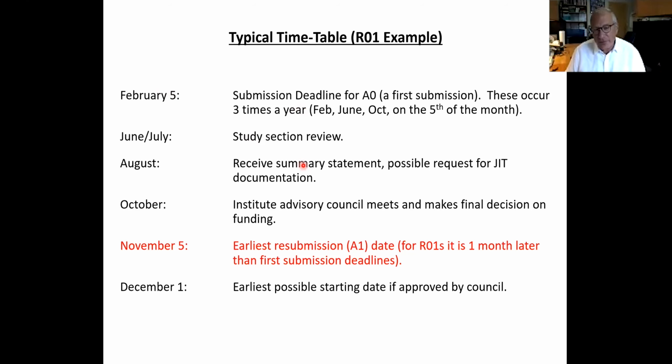you would receive the summary statements. Maybe you get a request for just-in-time (JIT) documentation, which would be great, because if you're getting a request for that, it means they think your grant might get funded. This is information the Institute needs to process the grant so that they can transfer the funds to your institution. Generally in October, the Institute Advisory Council, every institute has an advisory council of experts in the field, meets and makes the final decision on funding.